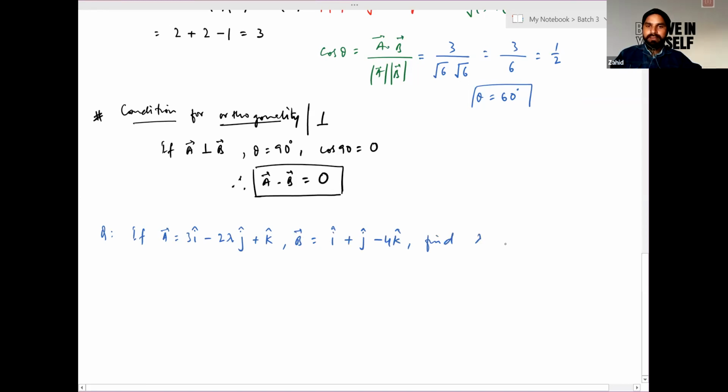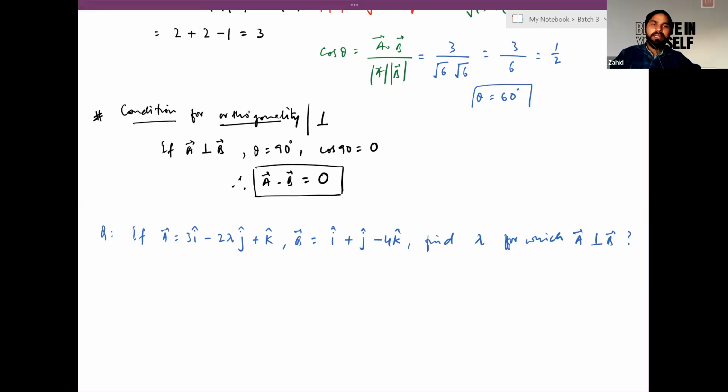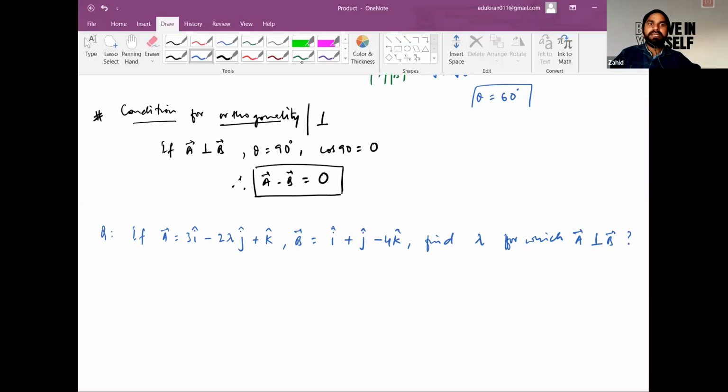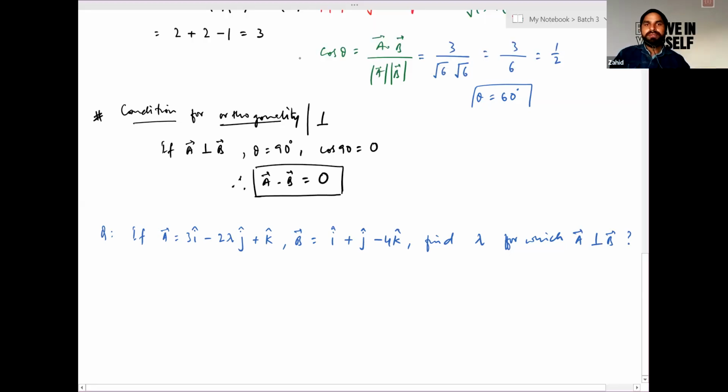Find lambda for which vector A is perpendicular to vector B. Just use the above condition. Whenever two vectors are perpendicular, their dot product will be 0. So take dot product of these two terms and put it to 0 to find lambda. Try to solve.